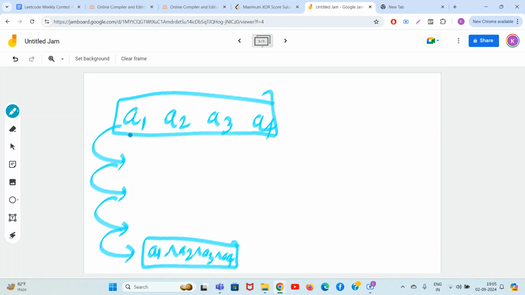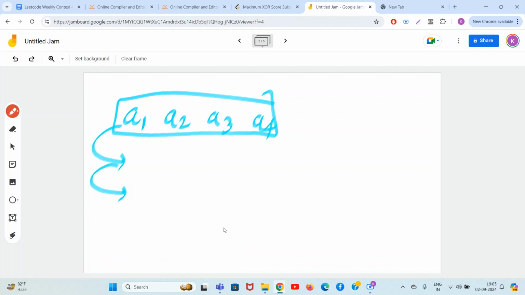So the answer for these four numbers is A1 XOR A2 XOR A3 XOR A4. You come to know this only after you have done all the operations. So let's store it as G. G means the final answer of these four numbers that we get after repeated merging. So let's say this is G.